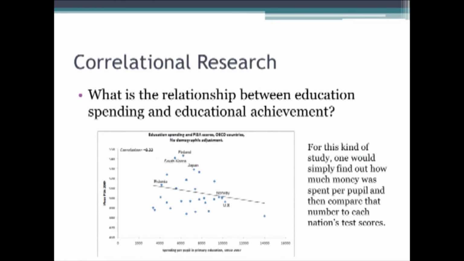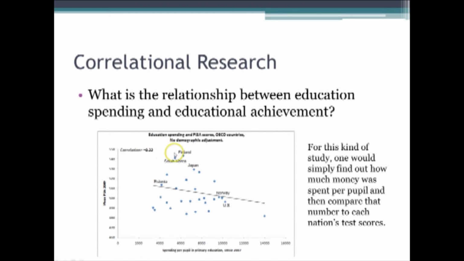A correlational study might look something like this. What is the relationship between educational spending and educational achievement? So here we have a scatter plot, and these are two continuous variables. We have the spending per pupil from $0 a year, $2,000 a year, up to $16,000 a year, and then we have the different countries and some sort of standardized international test score.